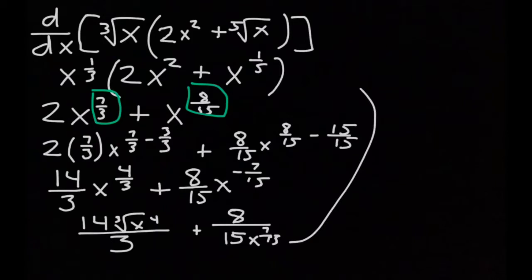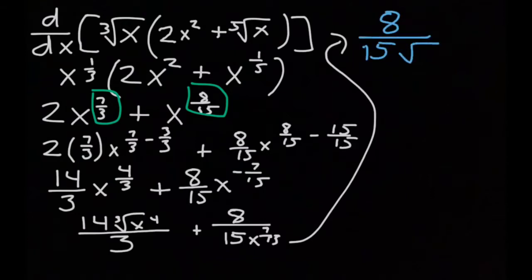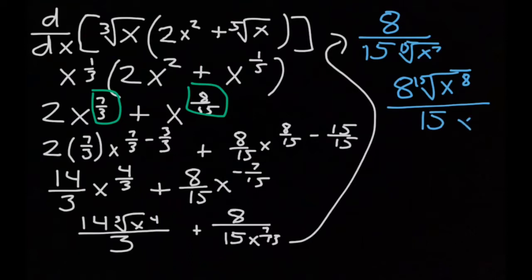So now, let's just work with our second term here so we have space. So we'll have 8 over the 15th root of x to the 7. And when we rationalize this, we'll have 8 times the 15th root of x to the 8 over 15x.